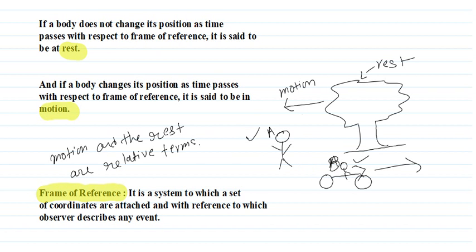Why? Because the earth is moving, that's why you are also moving. So motion and rest are relative terms. Something is moving according to you, and that thing can be at rest according to someone else. It depends upon the frame of reference, means it depends upon the reference point.